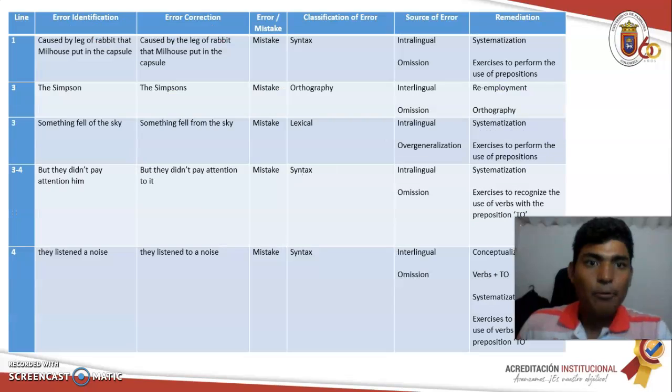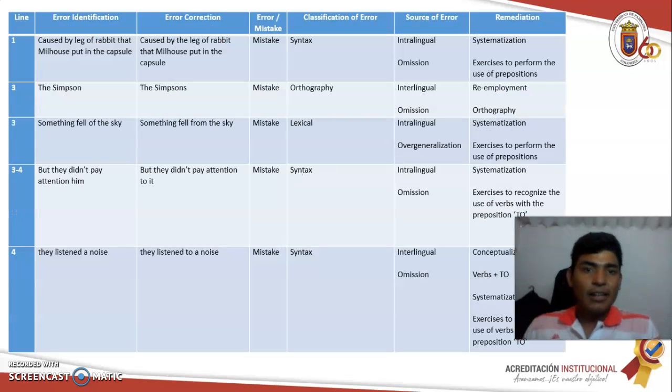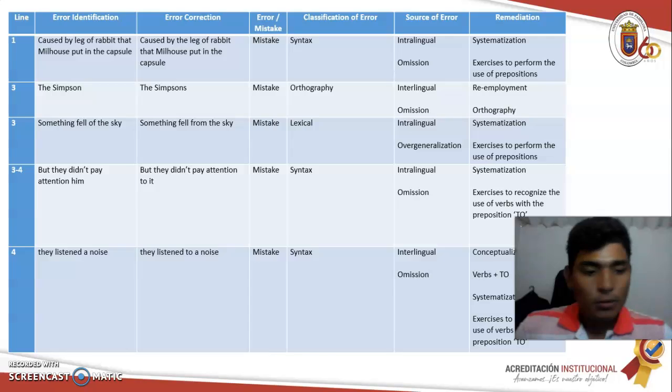Related to the remediation for the syntax, let's talk in a general way because the time is not enough. Let's practice. Let's do exercises to perform the use of prepositions, to perform the use of verbs which go with the preposition "to".